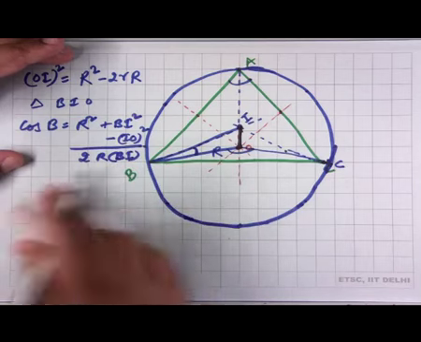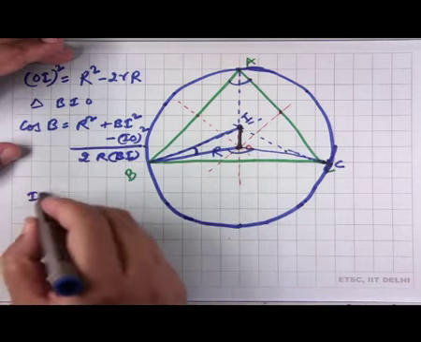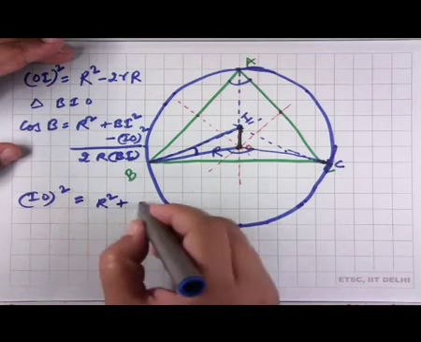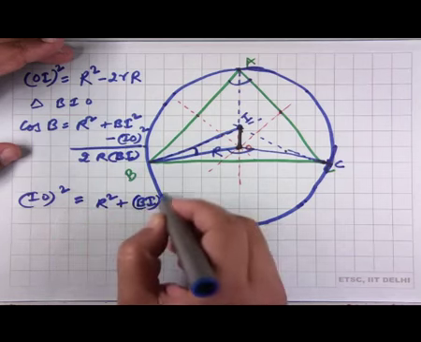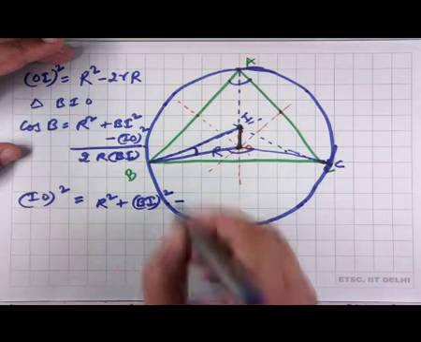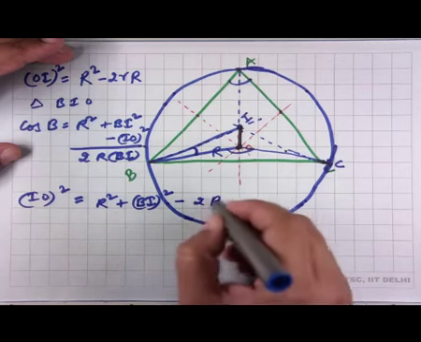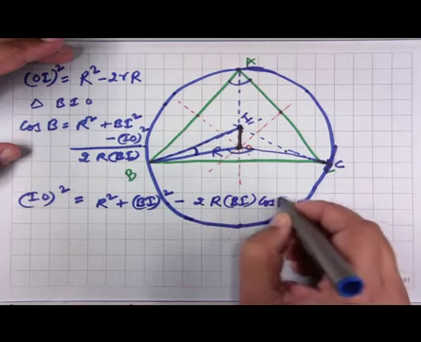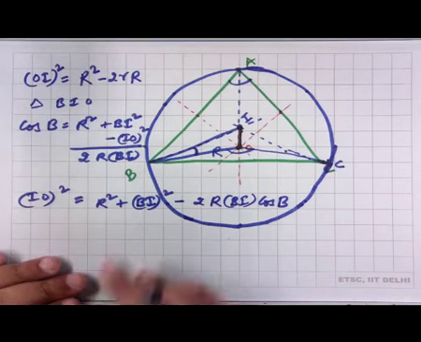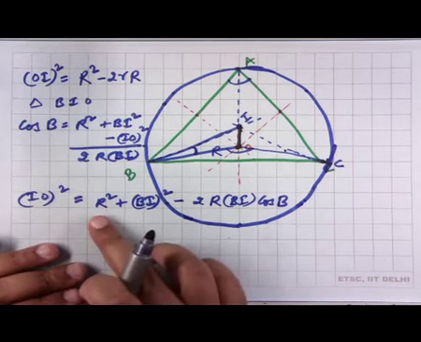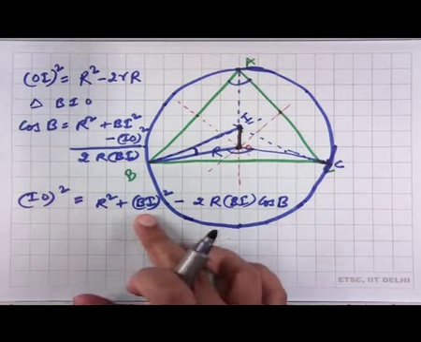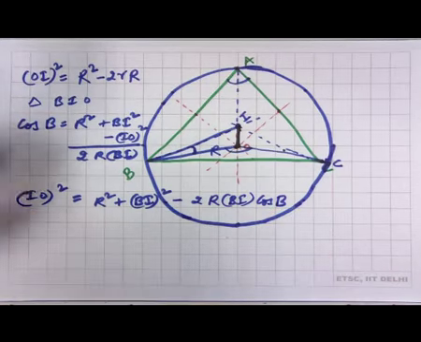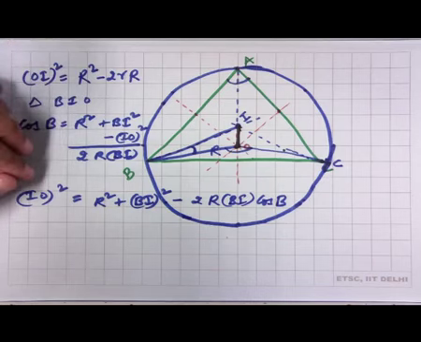Here BO is actually the circumradius R. Therefore, if we rearrange the terms, we get that IO square is equal to R square plus BI square minus 2 times R times BI times cos of B. So, if we are able to somehow find R, BI and cos of B, then we should be able to find IO square. That is our strategy here for solving this problem.